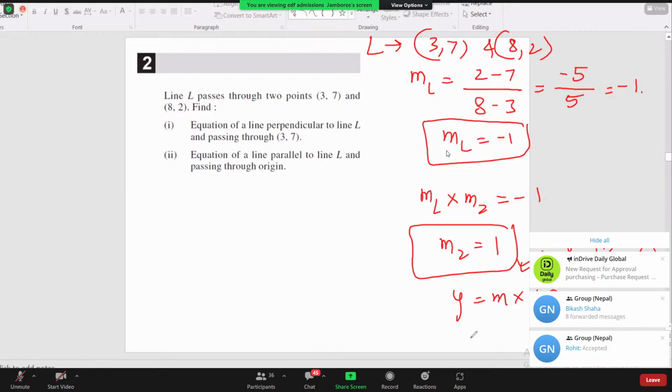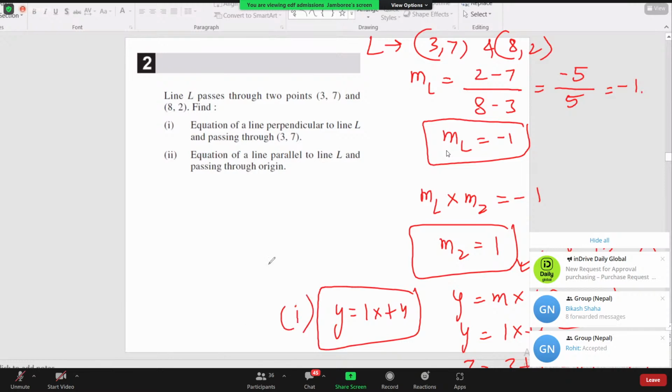So slope is 1. So y is equals to 1x plus c. If you plug in here, you'll get the equation of the line. So 7 will be equals to 3 plus c. And this will give you the value of c as 7 minus 3, which is 4. So the equation of the line will become y is equals to 1x plus 4. So that will be the answer for the first part.